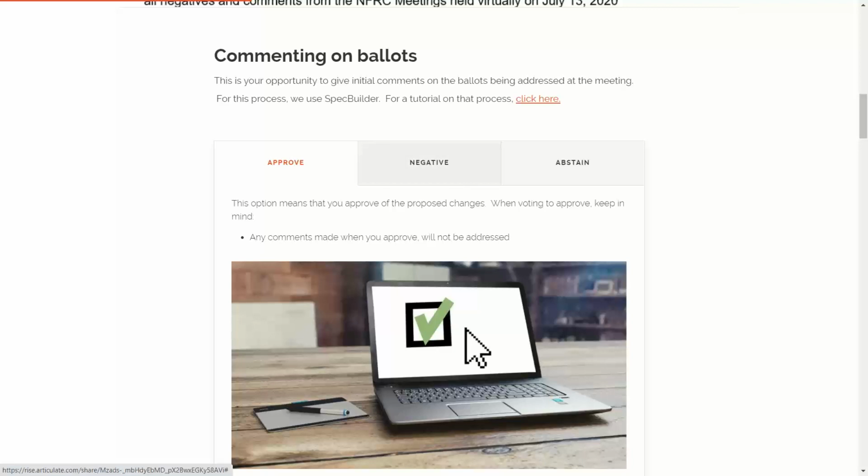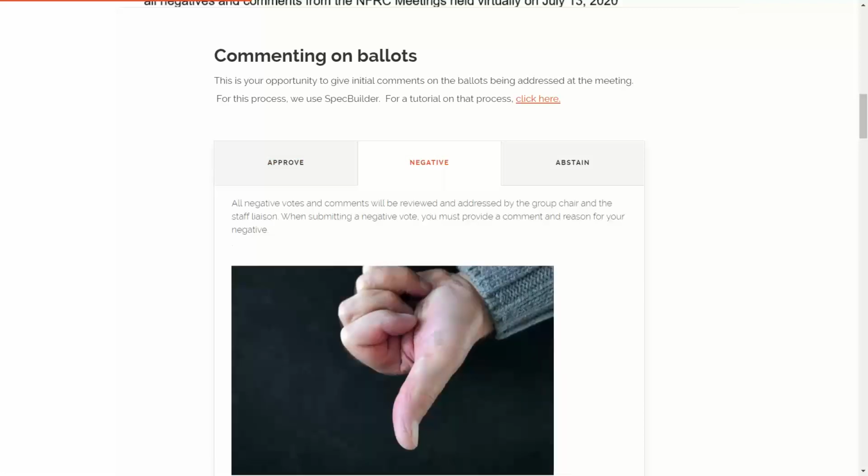Now, if you do not agree with any of the proposed language, you will submit a negative vote. If you're going to take anything away from this presentation, this is the most important point. All negative responses need to have a comment or a reason or alternate language accompanying your vote.